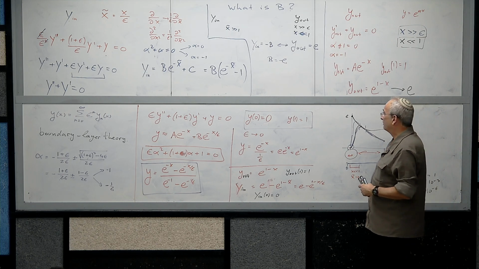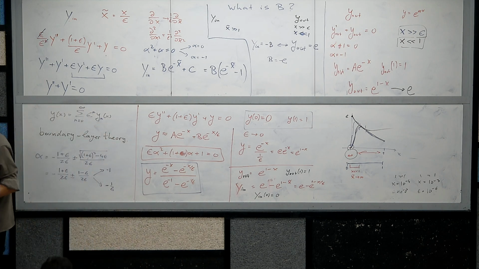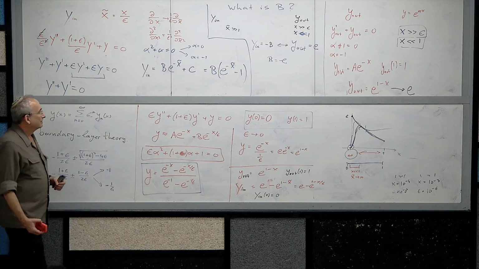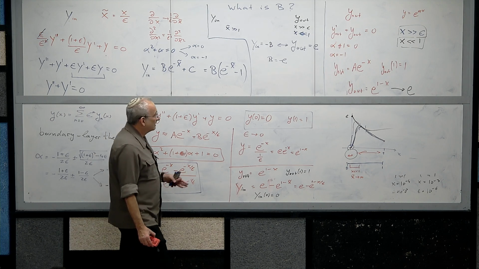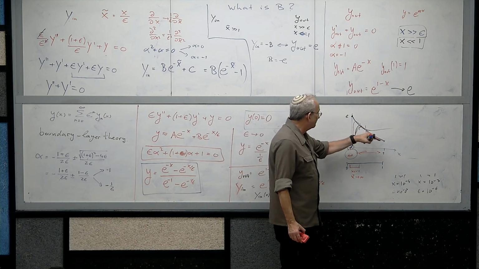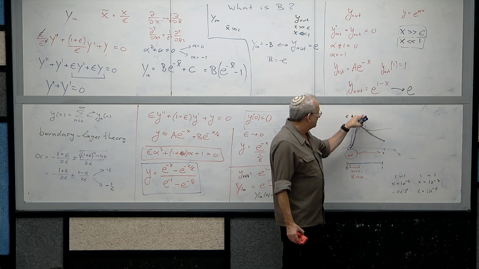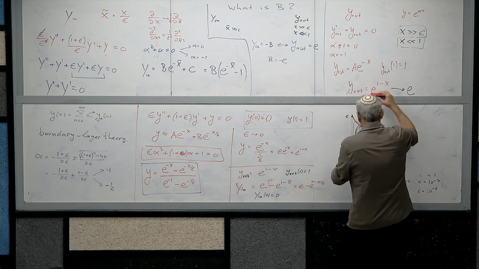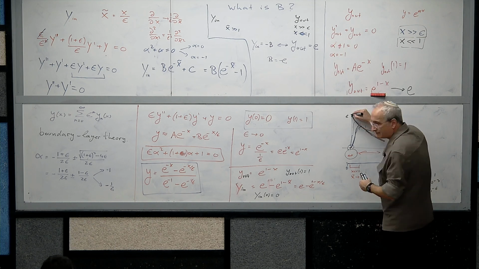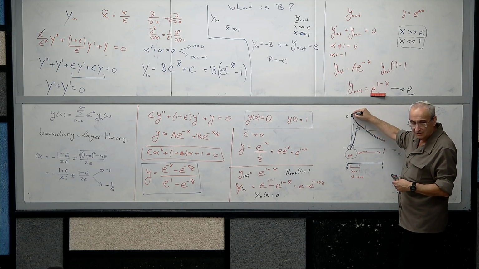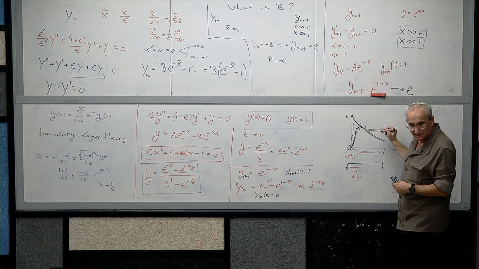Now, some people like to write what they call a uniform approximation. We have an approximation that works here and an approximation that works there. This one is nice here, but then it gets wrong in this region. And y in is nice here, and then it gets wrong in the other region.